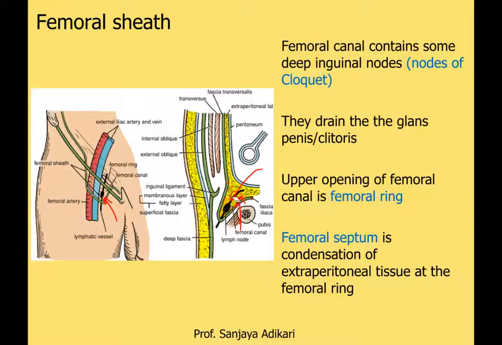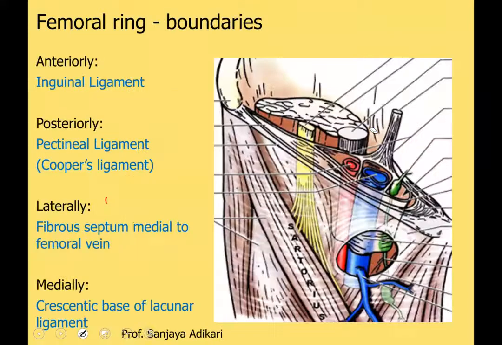If you look at the boundaries of the femoral ring, you can read it. Anteriorly you get the inguinal ligament. Posteriorly you get the pectineal ligament, which is attached to the pectineal line there. Laterally you get the femoral vein and the medial septum of the femoral sheath.